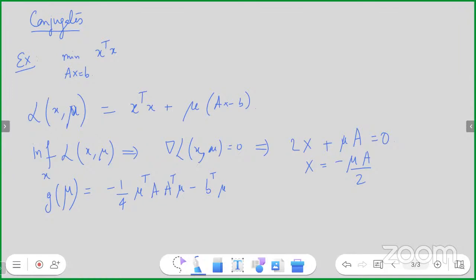Okay, so forget if you don't remember anything. Is it an accident that this appears to be concave? This is clearly concave, because without the minus, it is convex. So with a minus, it's concave. So anybody wants to make a bold claim that g of lambda mu is always a concave function?